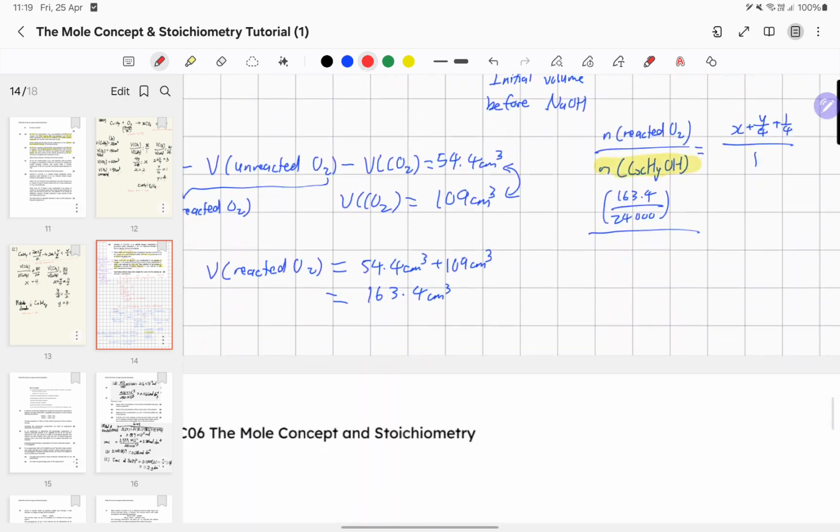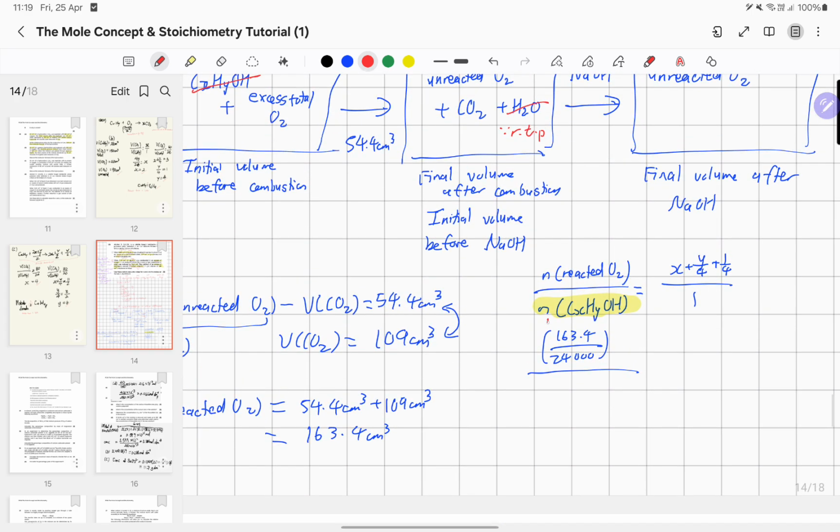Okay, so over here is in 0.10 cm3 of liquid J.